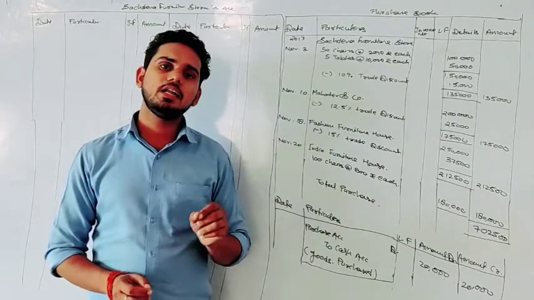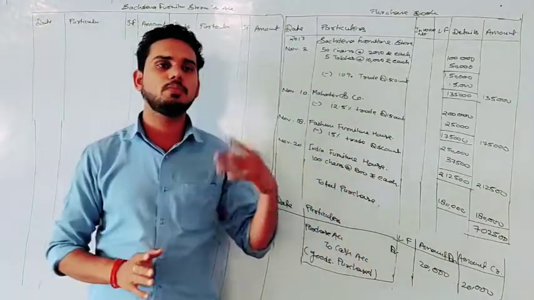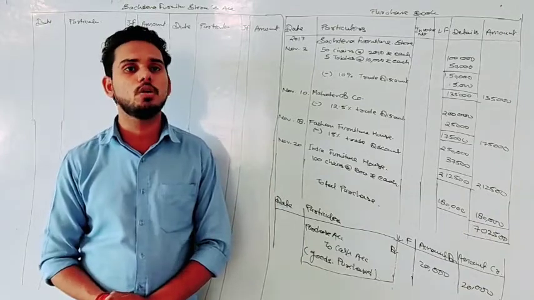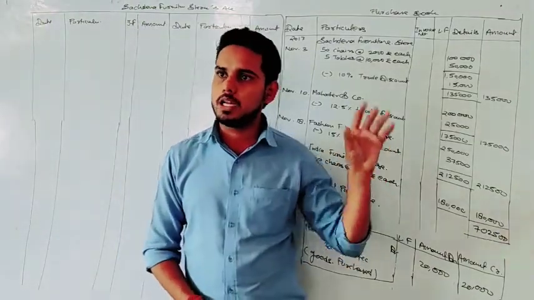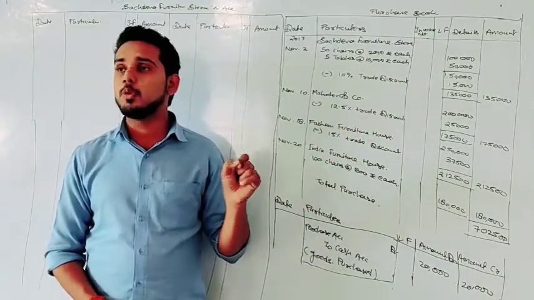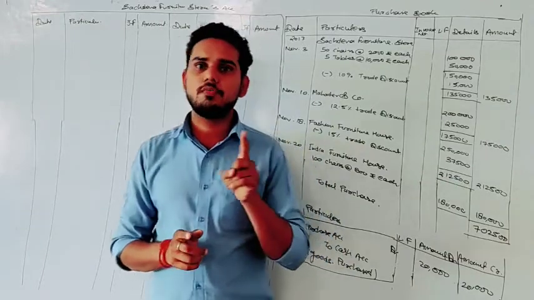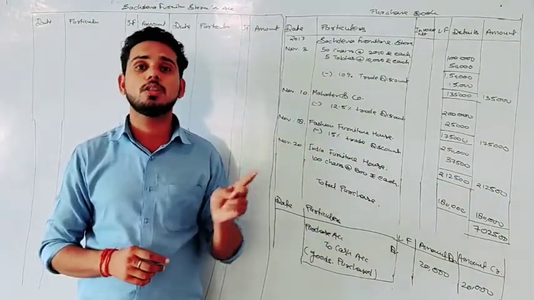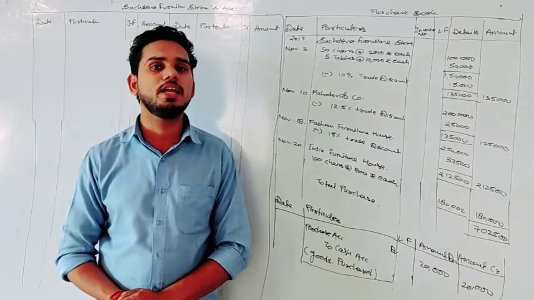And if I tell you to post a ledger entry from that journal entry, what will you do? As the purchase account is debit in your journal entry, so you will post on the debit side, and Sachdeva Furniture Store is credit. So as Sachdeva Furniture Store is credit, you will post on the credit side of Sachdeva Furniture Store.